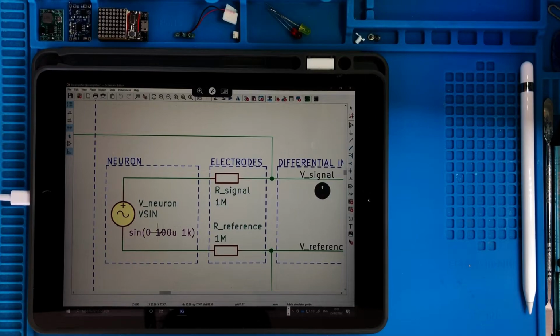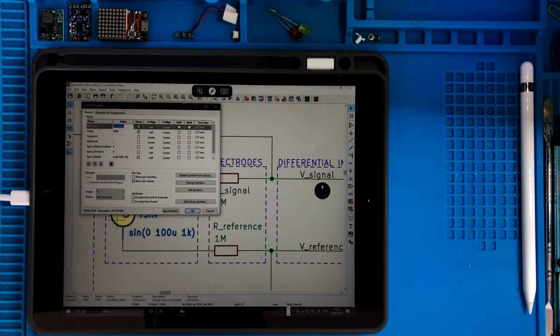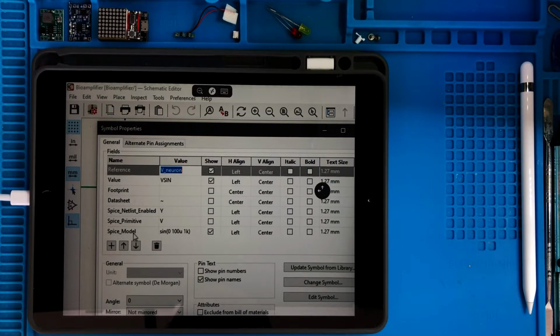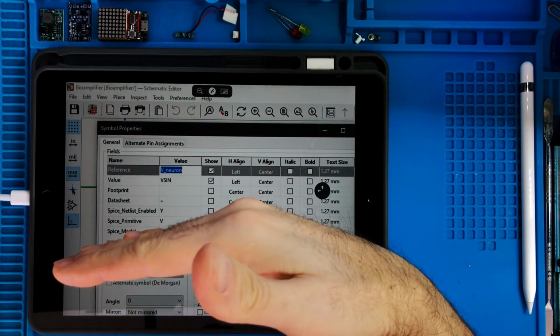In the schematic diagram, I put as, let's say, a fake neuron, a sinusoidal voltage with these parameters. Let's try to right click it, properties. So here is the place where we put those parameters. We right click it and then spice model. This means that for that fake neuron we took a sinusoidal generator with a 0 offset, so 0 volt as offset, so that the pedestal level of the sinusoid is 0.